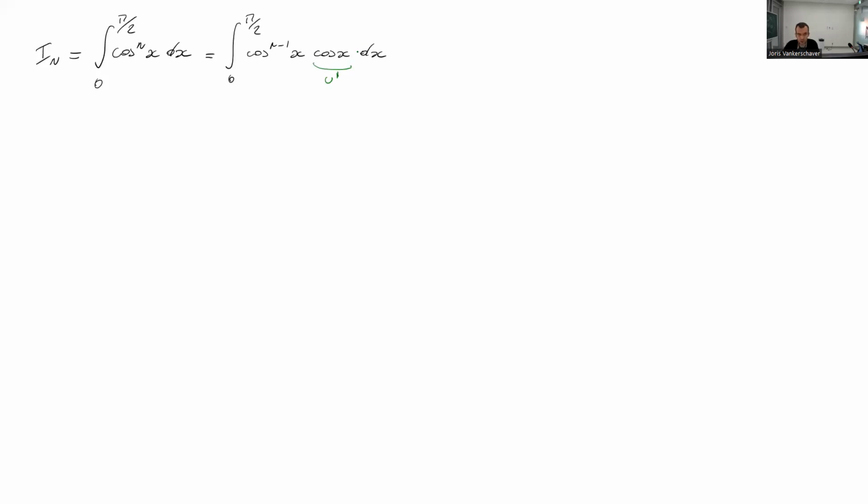The integral is minus sine, and I'll choose this to be my v, something that I will have to differentiate. If I do that, what do I end up with? I have to integrate cosine of x, so I get minus sine x, and then times v, so cosine to the power n minus 1 x.